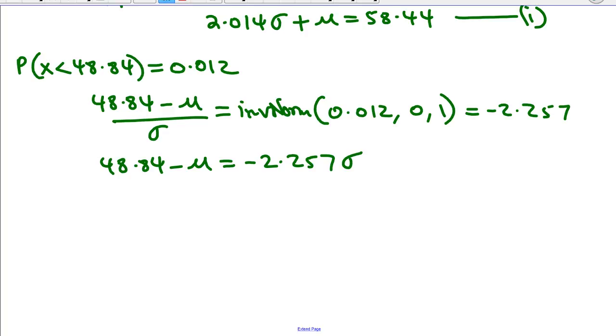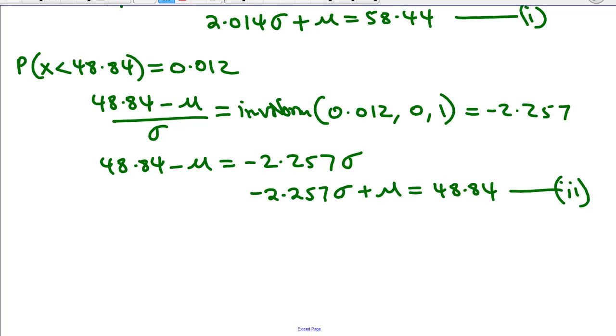So if you bring this to one side, negative 2.257 standard deviation plus the mean will be equal to 48.84. Let's call that second equation. All right. Now, what we can do is plug this in our calculator.